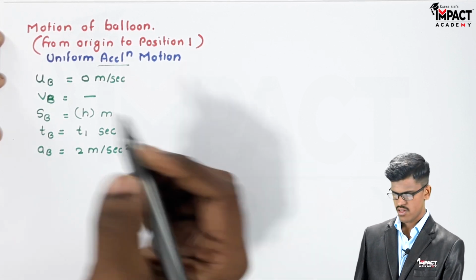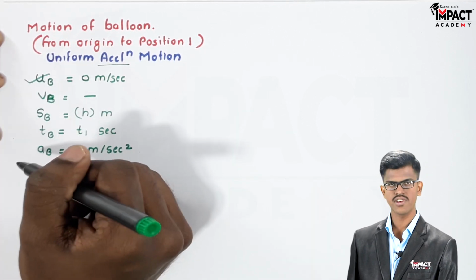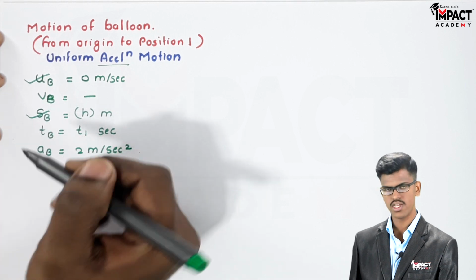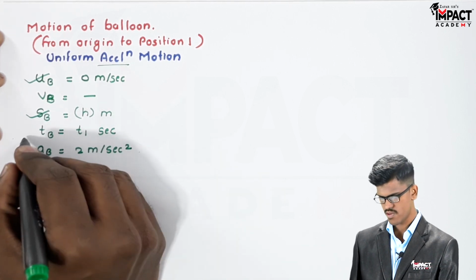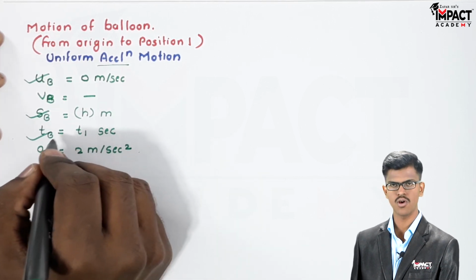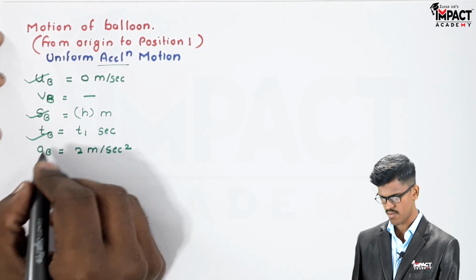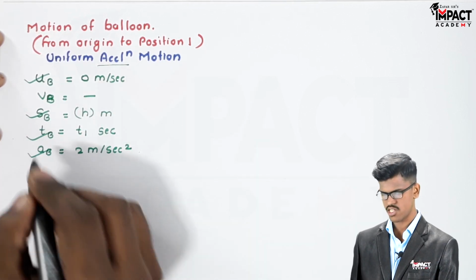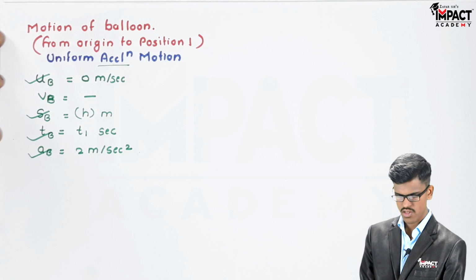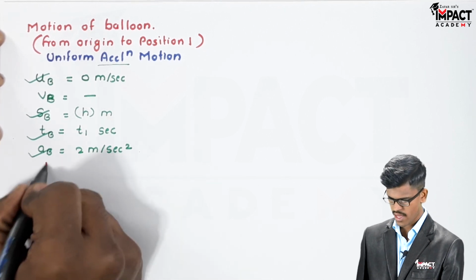Okay, so here we know the value of the initial velocity, the displacement of the balloon, the time required for the balloon to reach position 1, and the acceleration of the balloon.